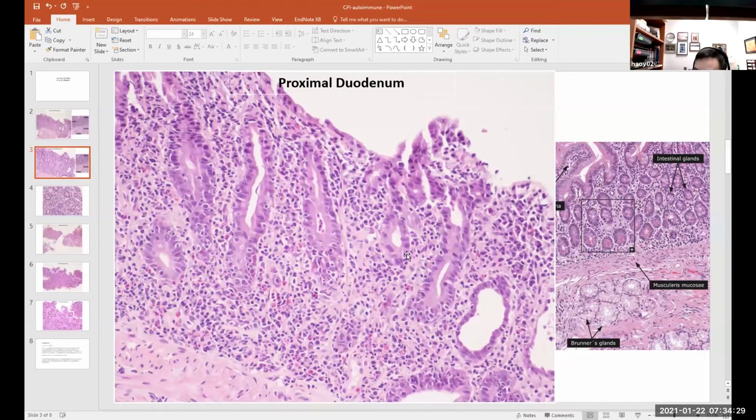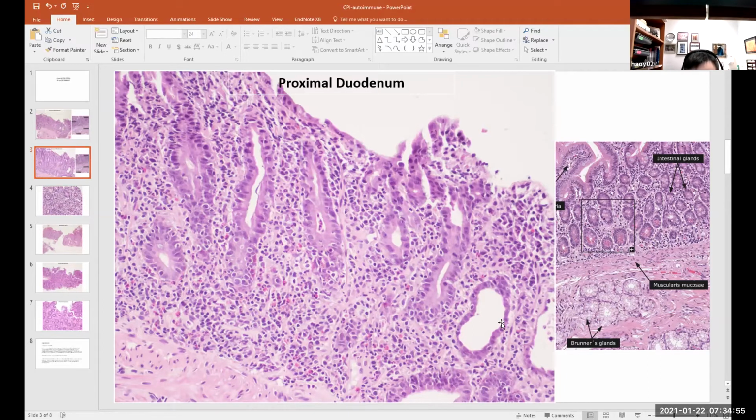Here we can better appreciate all these changes. There's some lymphoplasmacytic infiltration in the epithelia, and also we see this expansion of the lamina propria by neutrophils and lymphoplasma cells. Sometimes we can see these neutrophils infiltrating into the crypts, which we call cryptitis, and even crypt abscess.